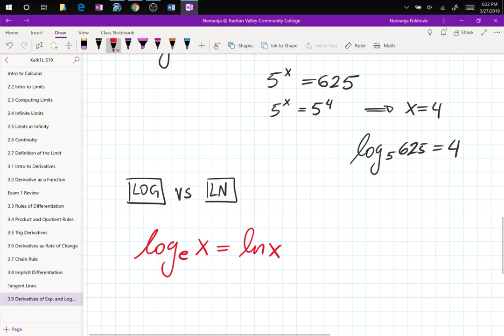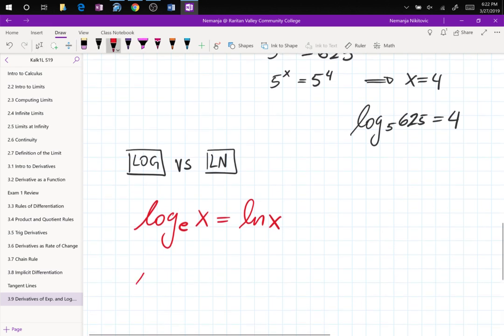So what is ln x? ln is just a lazy notation, so we can shorten our writing, because we get to write it so much, actually. Saving 2 characters per line, that's great. The other one is log base 10 of x, which is just known as log x. If you see no base, it's automatically 10.